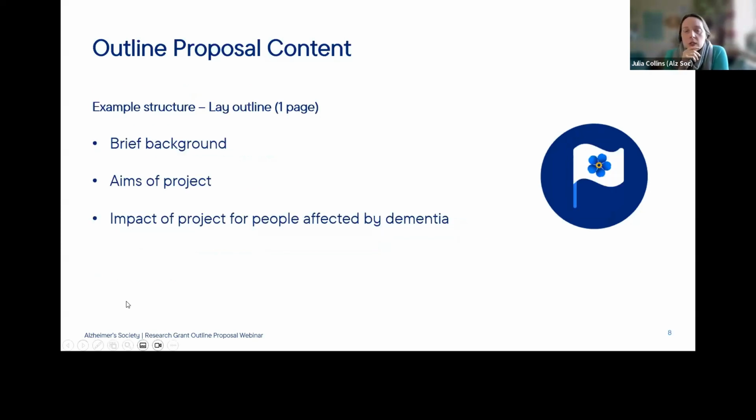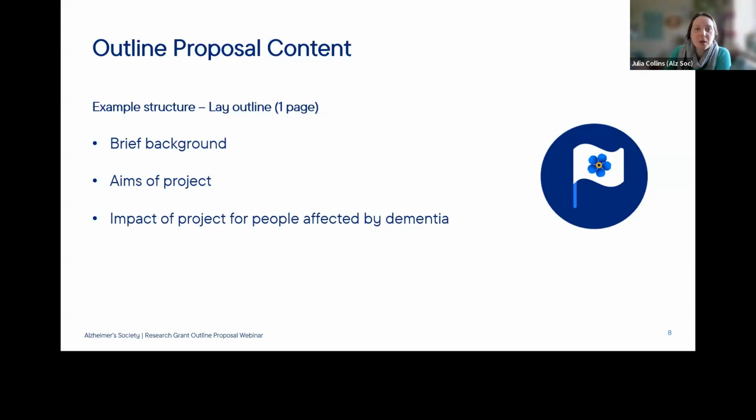And then alongside the 2 pages of scientific summary, we have 1 page of lay as well. So again, using lay language, this is for our research network volunteers who, although they do have experience of reading applications, are not scientists, they're not the academics. So you need to showcase that you can deliver your research idea to the vast majority of the public.